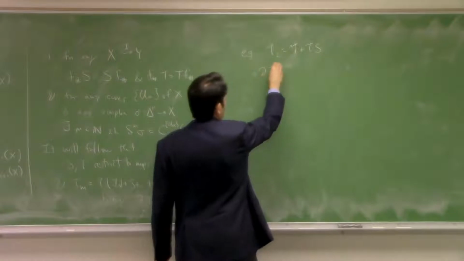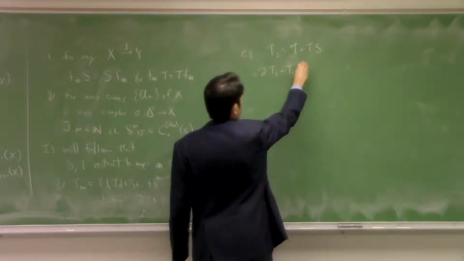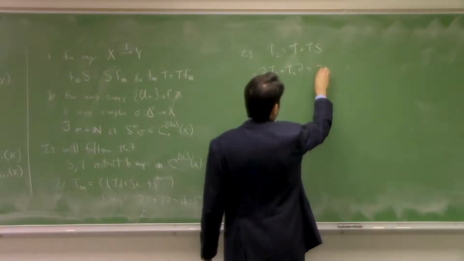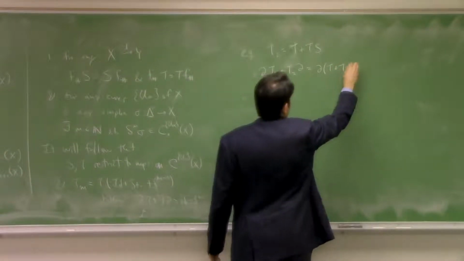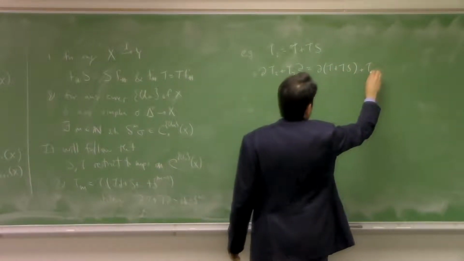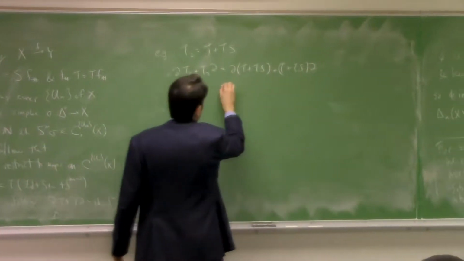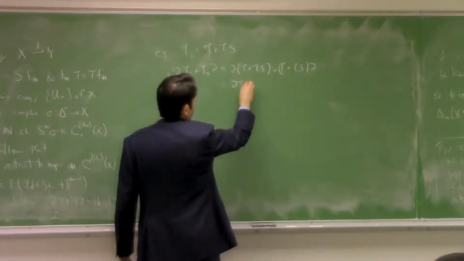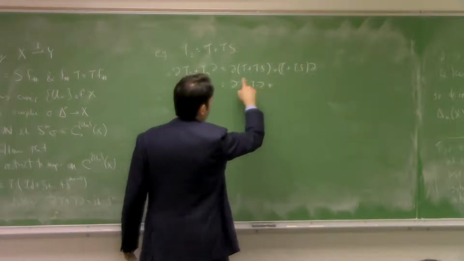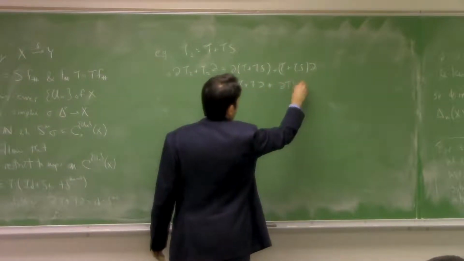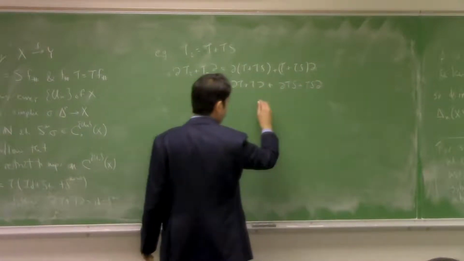So if you do boundary T2 plus T2 boundary, then this is boundary of T plus TS plus T plus TS boundary. So that's boundary T plus T boundary plus boundary TS plus TS boundary.